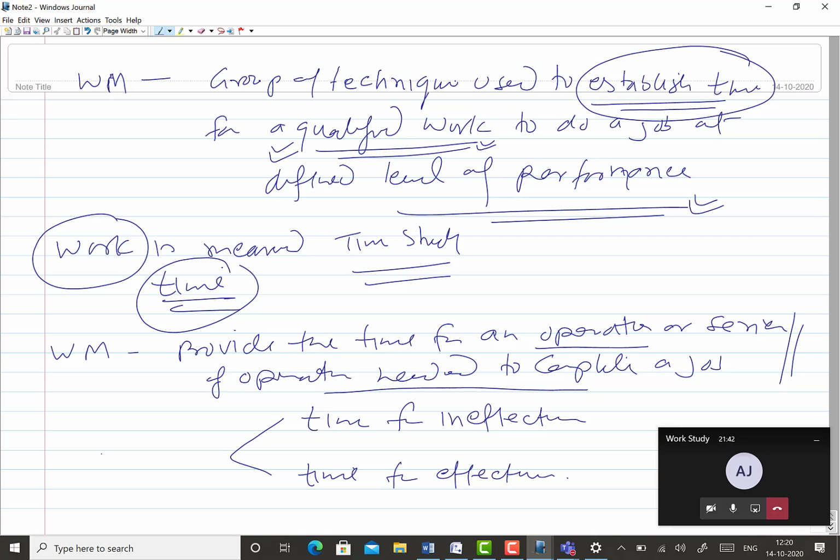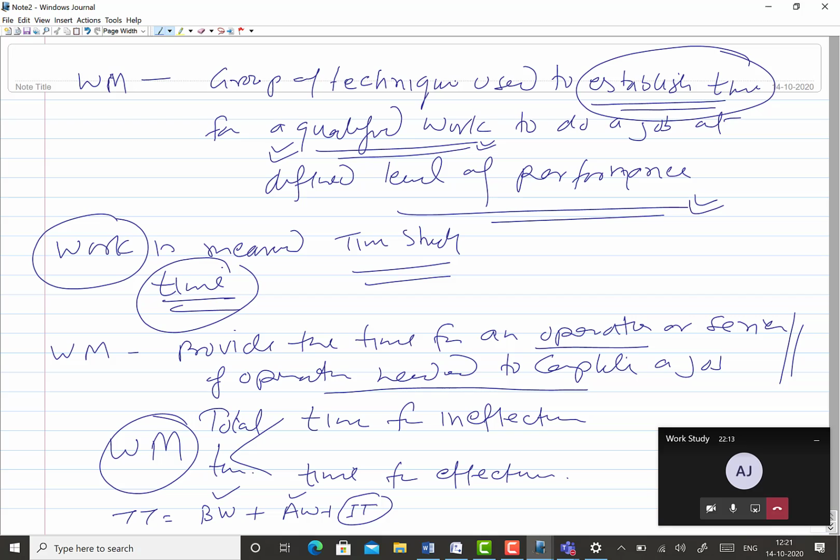Until the work measurement is done, we don't know, everything is a part of total time. You have seen that total time is basic work plus added work plus ineffective time, these three components, right? We are quantifying these two in any case, but at the same time the ineffective time is also being quantified. And if we don't do work measurement, then everything is within this total time.